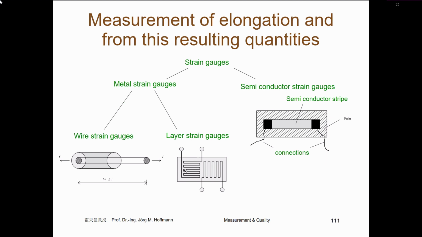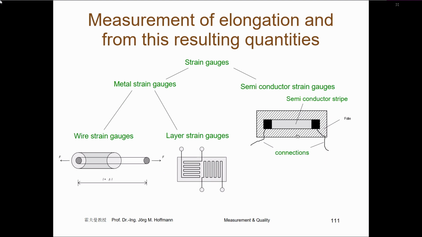But we will see the metal strain gauges are not as sensitive as the semiconductor strain gauges. How we make it so that we have no influence from the temperature with the bridge, that I will explain to you in the next lecture, because I need a little bit more time for this.